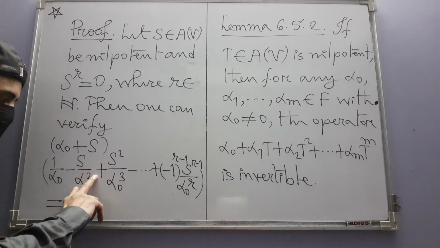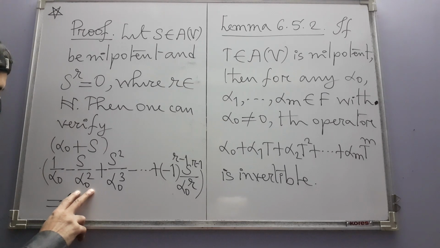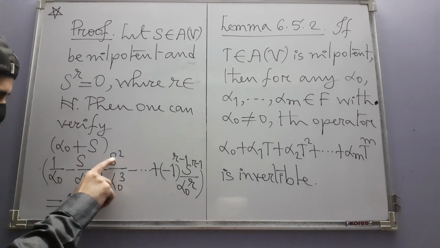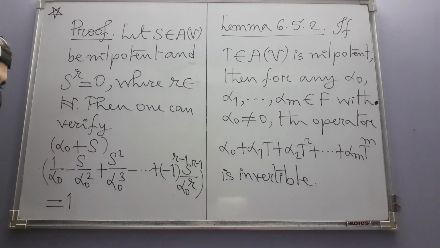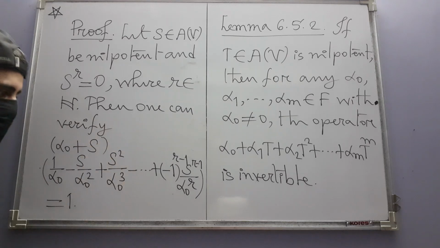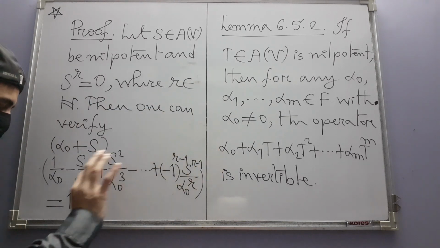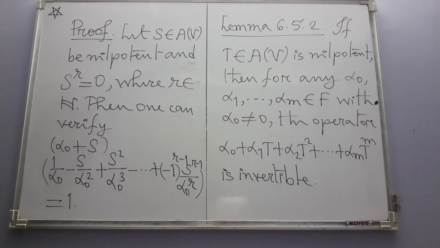So all these higher powers of alpha naught have inverses in the field. So we are multiplying the powers of S by these inverses with appropriate signs. It turns out that when you multiply these two operators in the operator algebra, you get the identity operator.